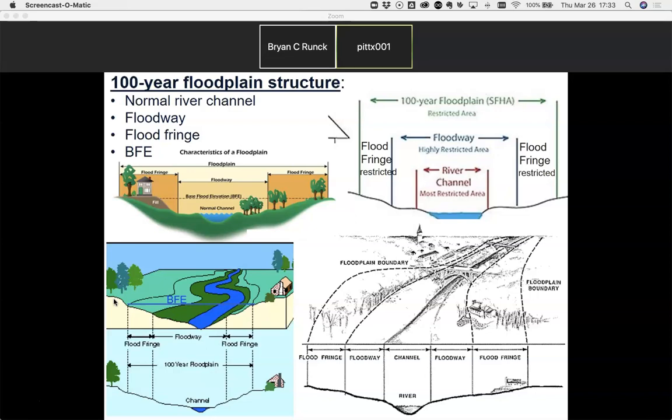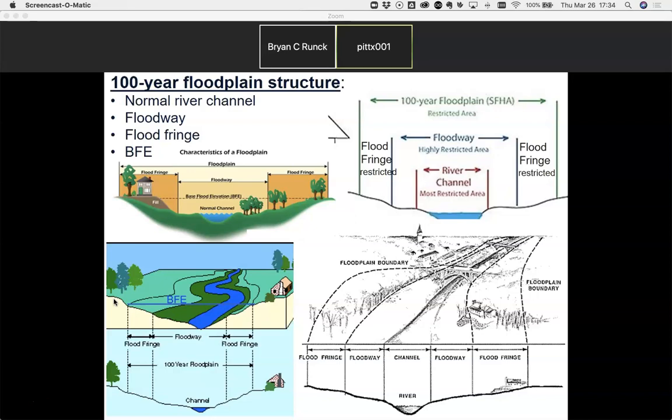This is the area of the landscape immediately adjacent to a normal channel that is inundated on a fairly regular basis. And then outside of the floodway, we have something called the flood fringe. And the flood fringe is that area beyond the floodway that is inundated by a flood having a particular frequency of occurrence.